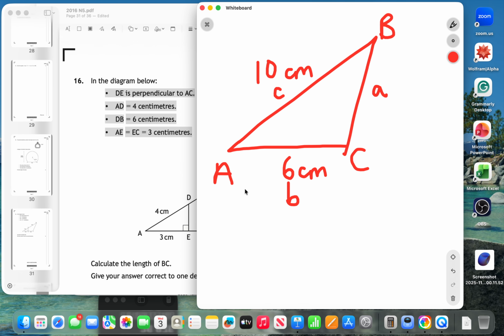So then what we do is we figure out what information we know and what information we want to find out. So we know side C, we know side B, and we're going to put an asterisk on this one because that's what we need to find out.